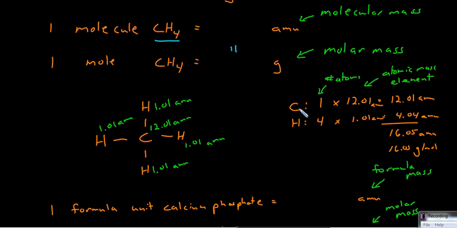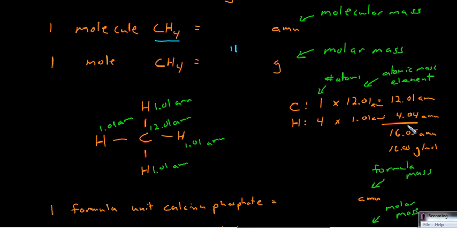So for example, carbon. There's 1 carbon, so we multiply that number of carbons, 1, by the atomic mass of carbon, 12.01. So that means that 12.01 atomic mass units is coming from carbon, and then we also have 4 hydrogens. Each one has a mass of 1.01 atomic mass units, so there's a total of 4.04 atomic mass units coming from all the hydrogens within this molecule.